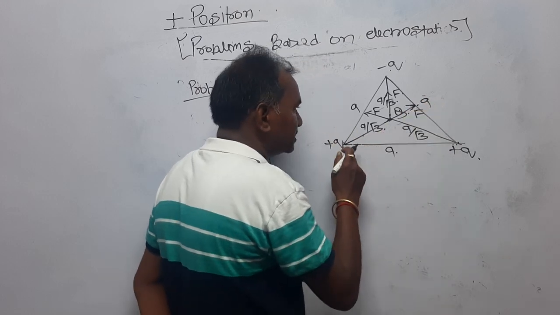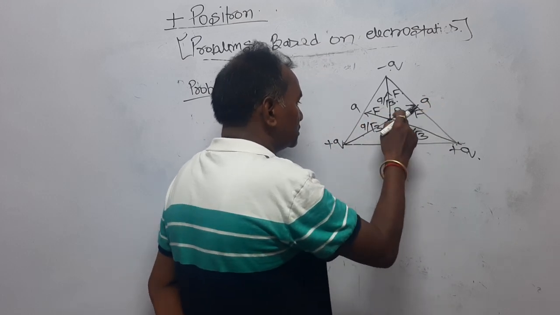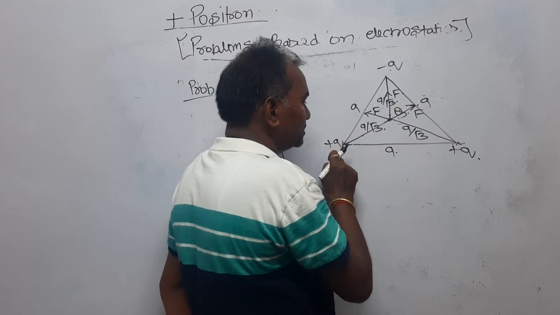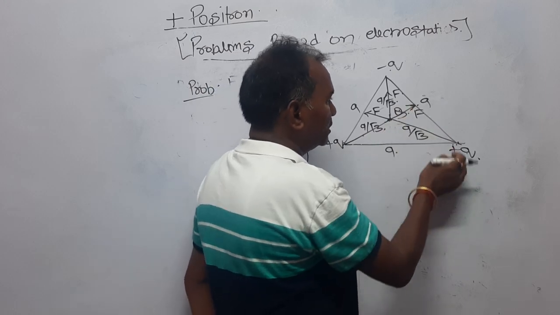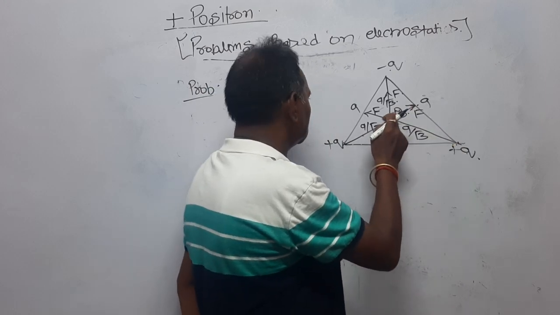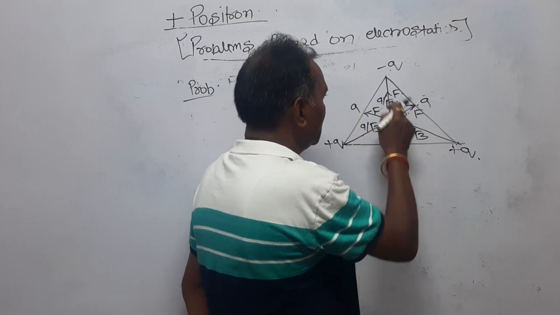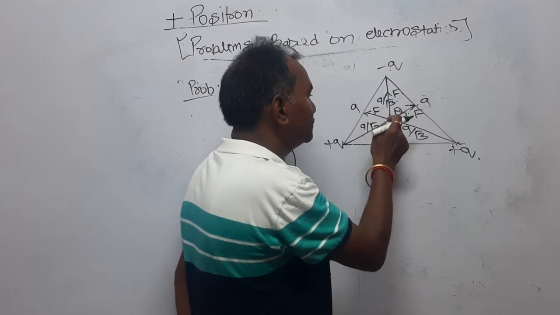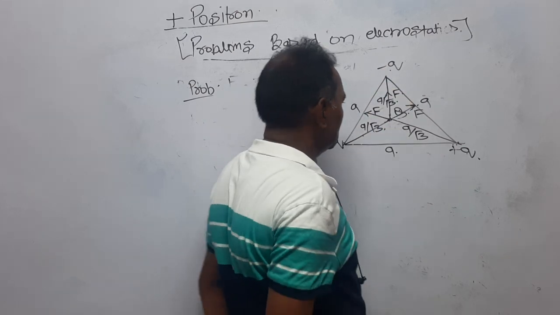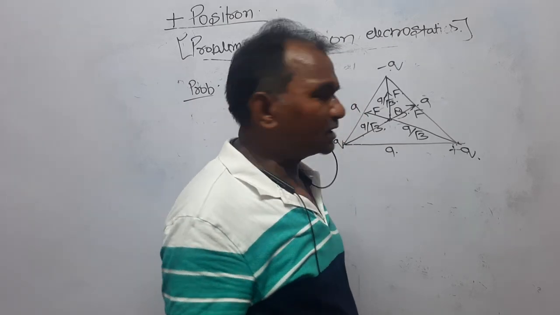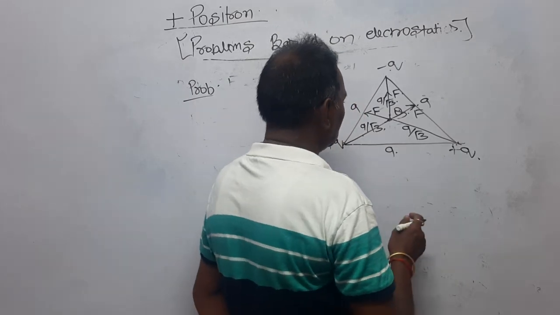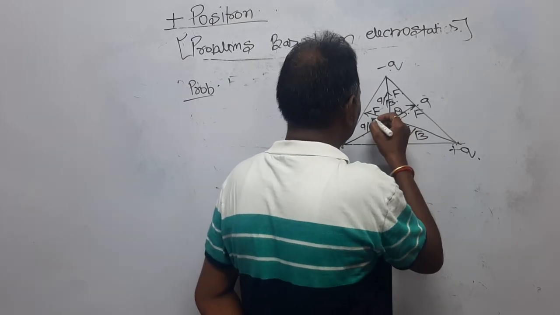So the force acting on plus capital Q charge due to this plus small q is F, due to this plus Q on this capital Q this is F, and this negative charge will attract this like this.